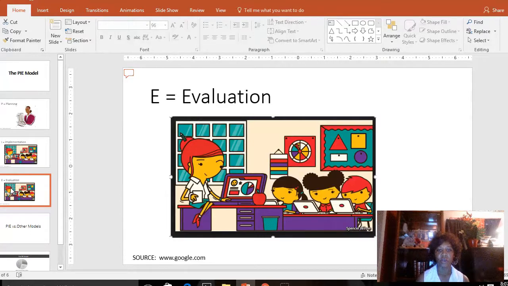And she's able to adjust the learning, the technological learning, as they go along based on how the students are reacting to this technological activity. So that is the evaluation step there in the PI model. Okay, and that's the last step there.